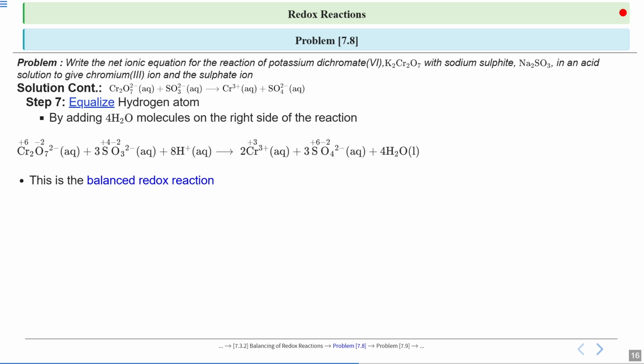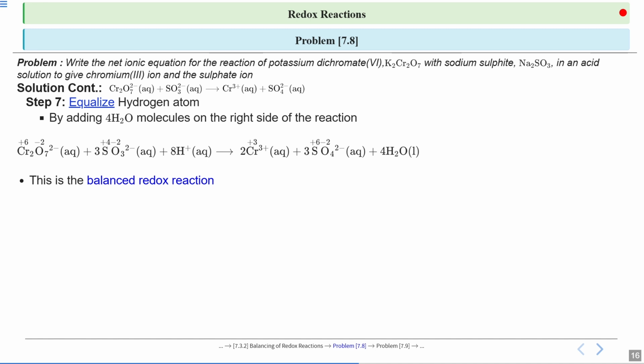So now if we consider this final equation, Cr2O7 2 negative plus 3SO3 2 negative plus 8 H positive gives 2Cr3 positive plus 3SO4 2 negative plus 4 H2O, we will find that the chromium, sulfur, oxygen, and hydrogen are all present in the balanced form. Their numbers are equal, and their charges are equal.